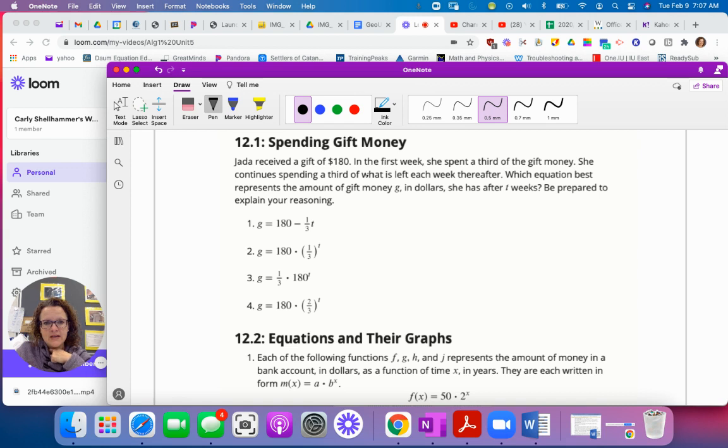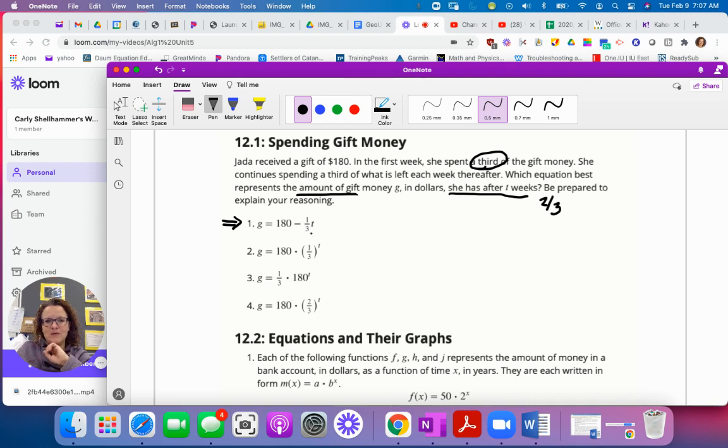Okay, so she continues spending a third each week. So she's spending a third, she has left 2/3. A lot of you, at least in your last quiz, are going for something like 180 minus 1/3 T. That only works for the first week.